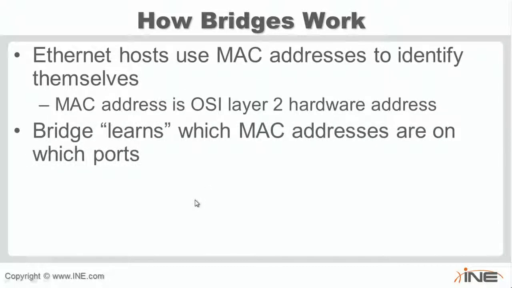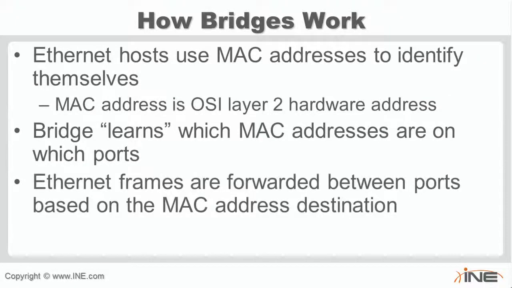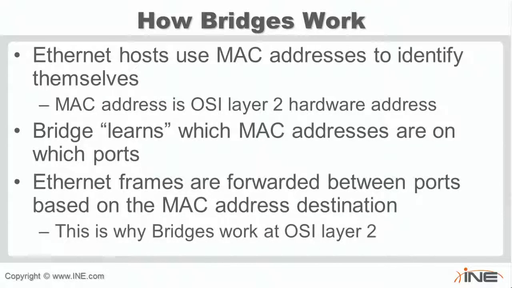So essentially, when traffic goes to be sent, the Ethernet bridge first has to figure out what are the addresses of the devices that are on the LAN. So it needs to learn which MAC addresses are connected to which individual ports. Now once it does this, when traffic is trying to be sent, it is then going to choose which port I send it on based on the destination MAC address. And this is the reason why we say that a bridge works at layer 2 of the OSI model.